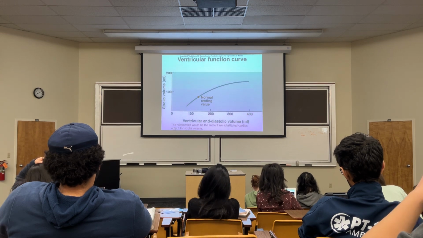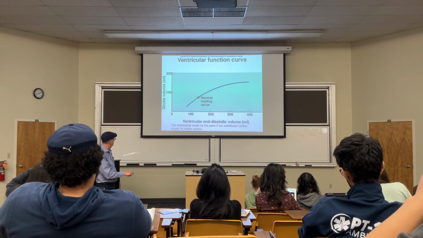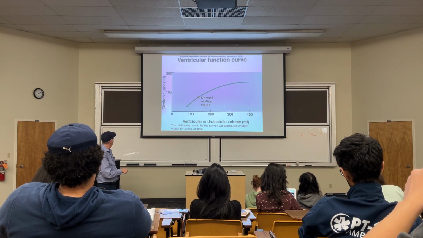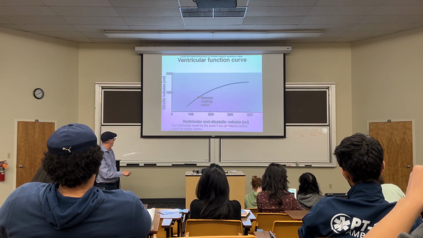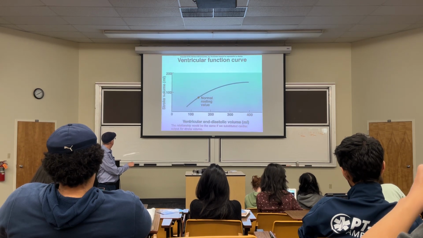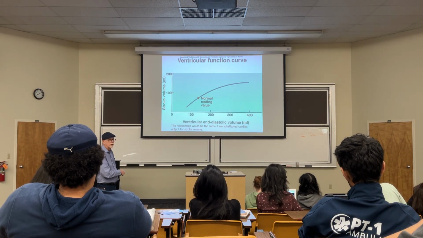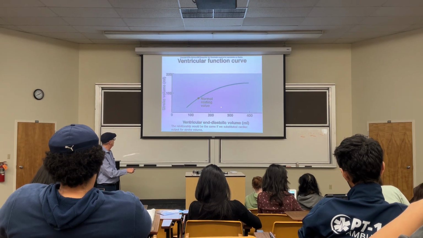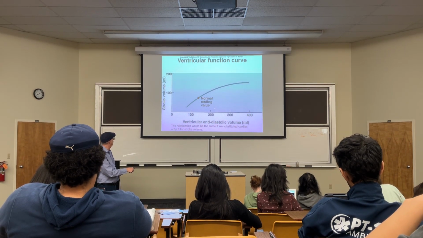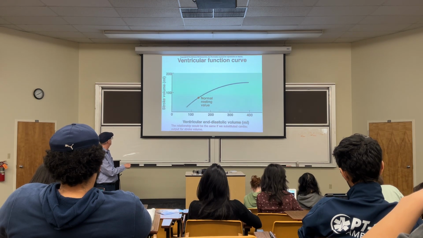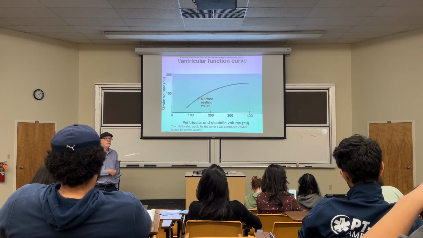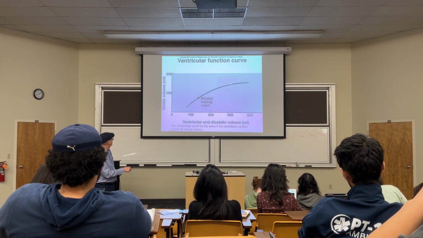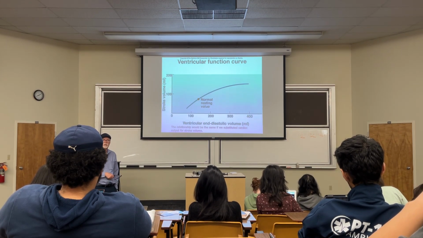On the x-axis, we have end diastolic volume. On the y-axis, we have stroke volume. This same relationship would work if we substituted cardiac output here for stroke volume. If you increase the end diastolic volume, you'll increase the stroke volume. You'll increase the cardiac output. This relationship is basically telling us Starling's law of the heart.